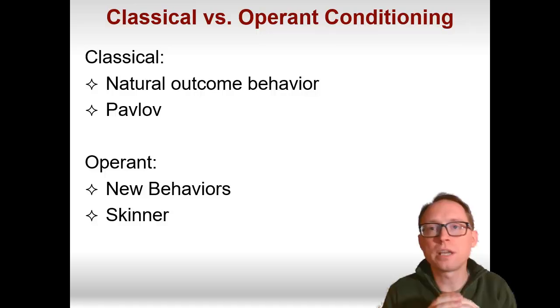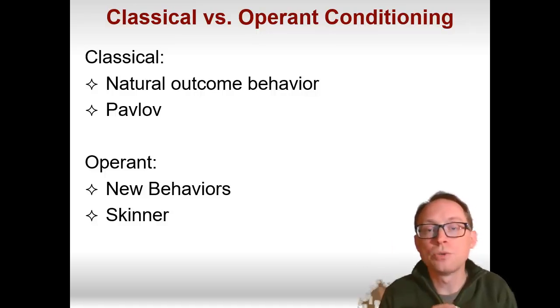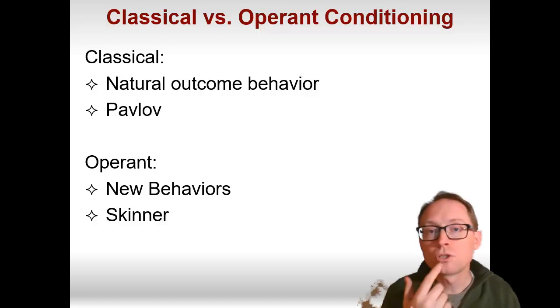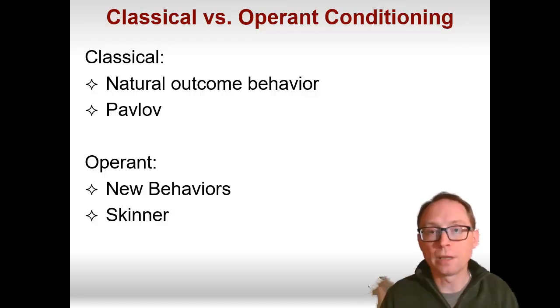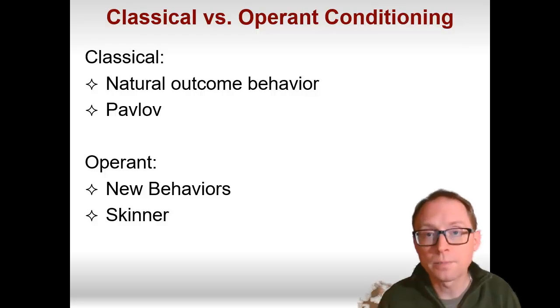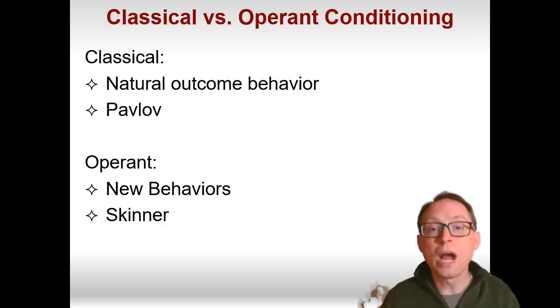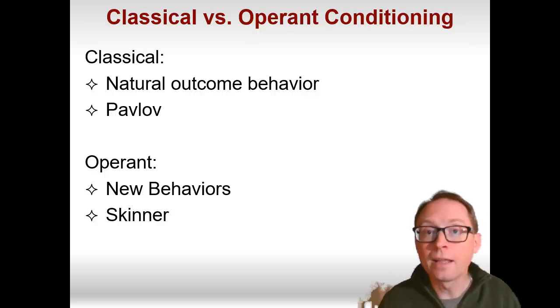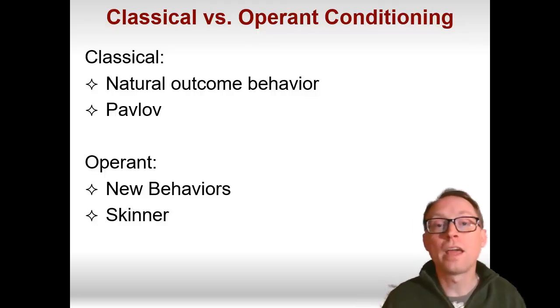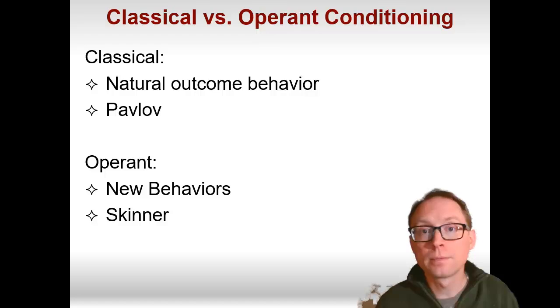So let's think about this. Do rats chew naturally? Is that something they naturally do instinctually? The answer is yes. But do they normally chew like that when they hear a doorbell ring?